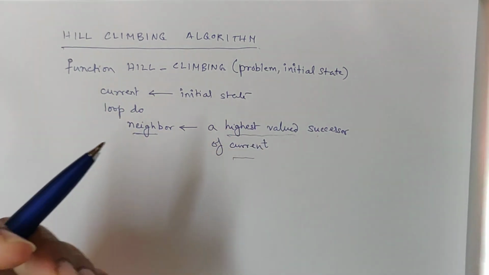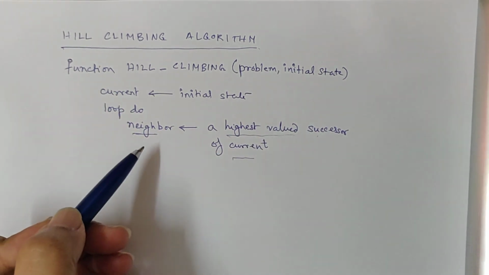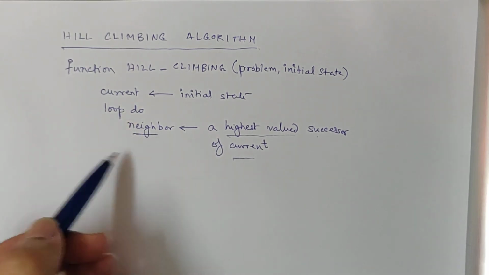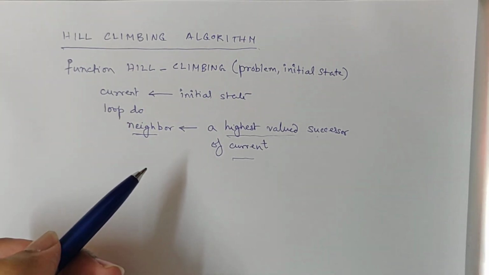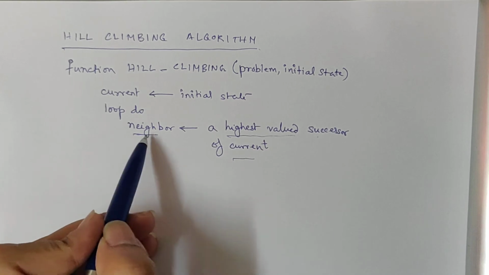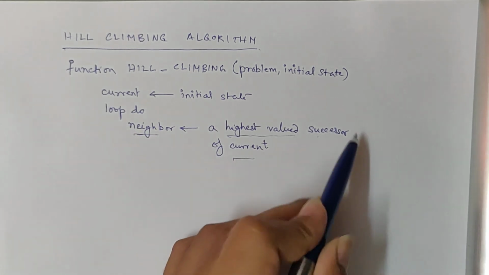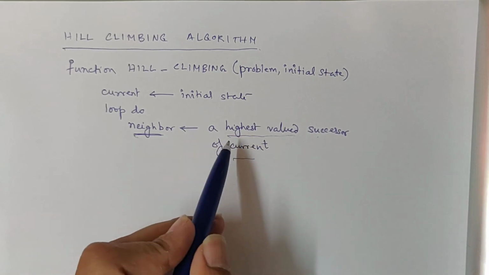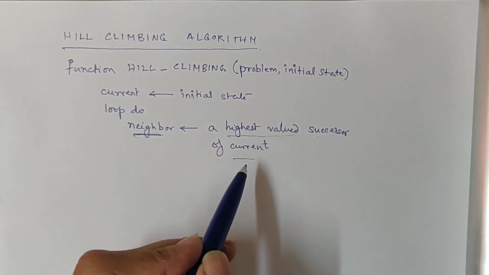But then what is the next step? The next step is I should make the neighbor node my current node, right? No, I am not right, because this step checks that this neighbor node is the highest valued among all the successors of current.